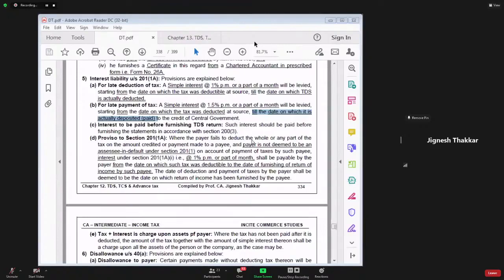Yes, they have deducted TDS on 15th of May. Now this TDS they should pay to the government by 7th of next month, that is 7th of June, correct? But say they have paid this TDS to the government on 20th of June. Now can you tell me delay will be considered from which date?